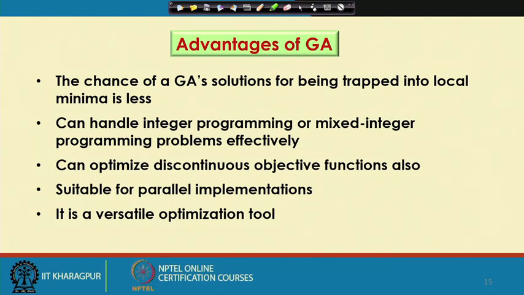Here the chance of the GA solution being trapped in the local minima is less, because this is a population based approach. We start with a number of solutions selected at random, and moreover we use an operator like mutation, which also helps us to come out of the local minima problem. So, in GA there is a chance that we will get the globally optimal solution.